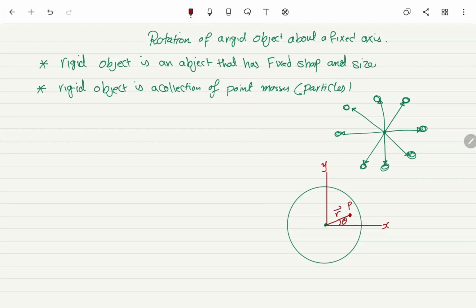So theta defines the angular position of point P, and it's measured counterclockwise from the positive x-axis. Theta in this case is positive. So theta is positive if it's measured counterclockwise.